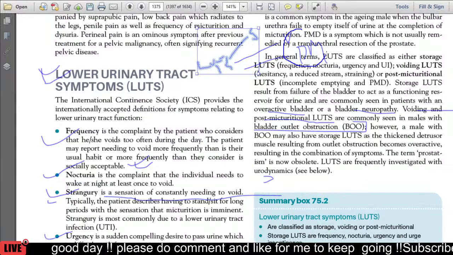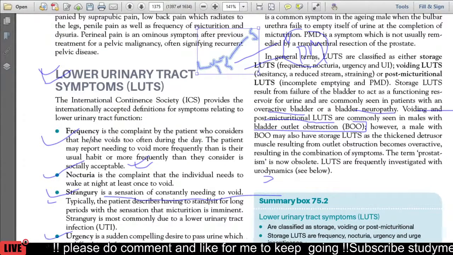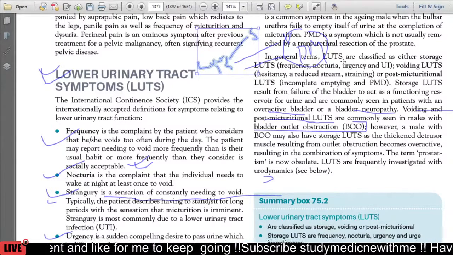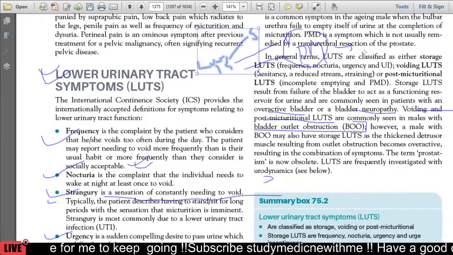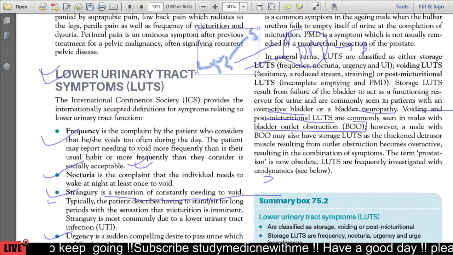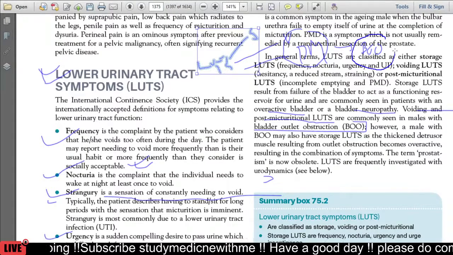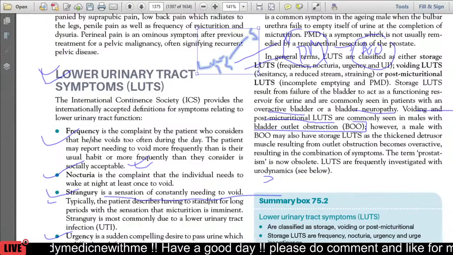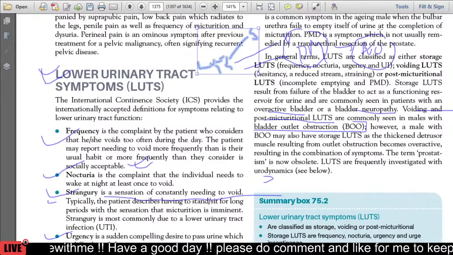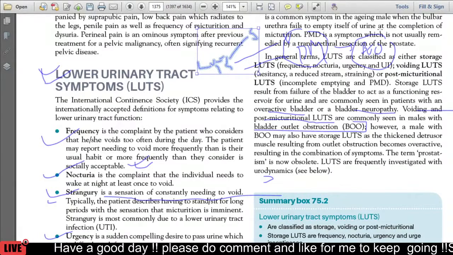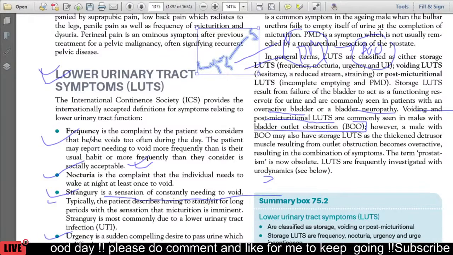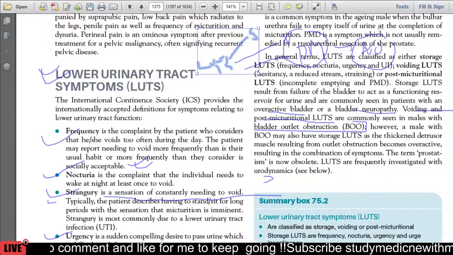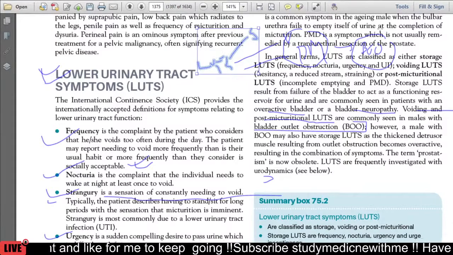Voiding and post-micturition lower urinary tract symptoms are most common in case of obstruction of the bladder outlet, whereas storage lower urinary tract symptoms are most common in case of neurogenic bladder pathology.